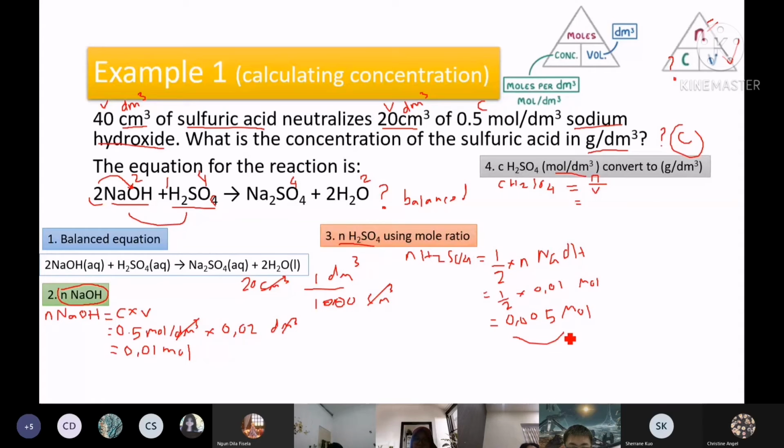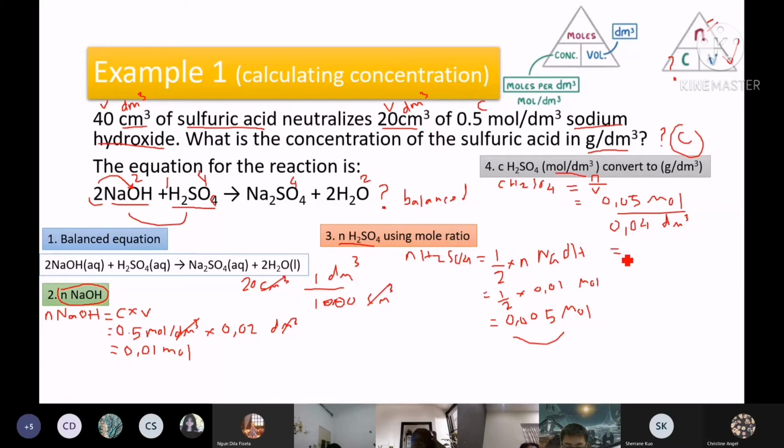This one, 0.005 mole, over what is the volume of sulfuric acid? We have 40 centimeter cubes, so it means 0.04 dm cube, because we divided 40 by 1000.